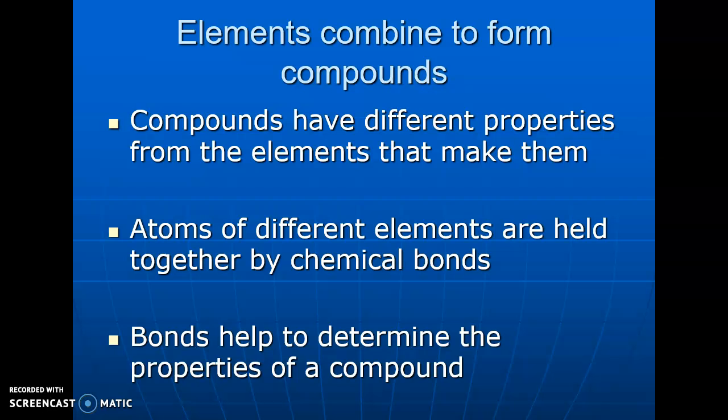So the properties of table salt are completely different than the properties of the two individual elements that make it. What I'm trying to say is that sodium is nothing like salt. Chlorine is nothing like salt, but they're the ingredients that make salt. It makes sense because water is H2O, right?